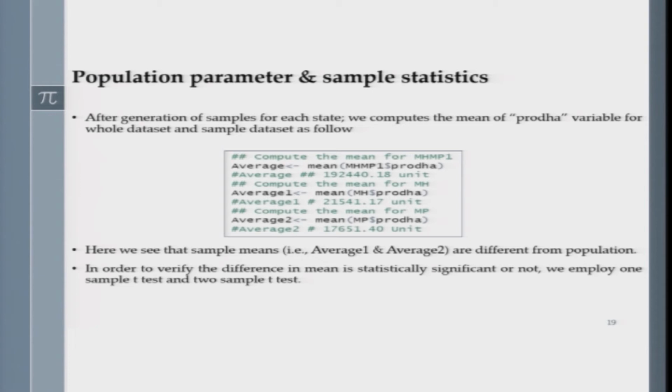Note that the values for average 1 and average 2 are somewhat different from the average computed over all the districts taken together. So, in order to verify whether this difference is statistically significant or not, we have to employ the one sample t-test and the two sample t-test.